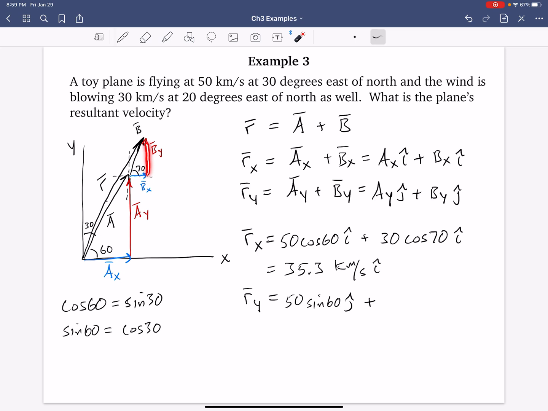By here, sine of 70, because it's the opposite to that angle. And evaluating this for the y direction, we have 71.5.